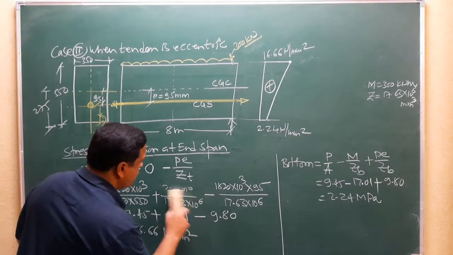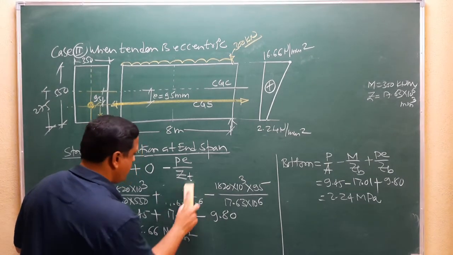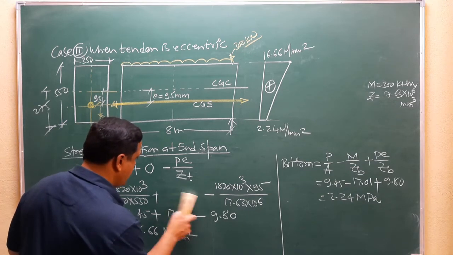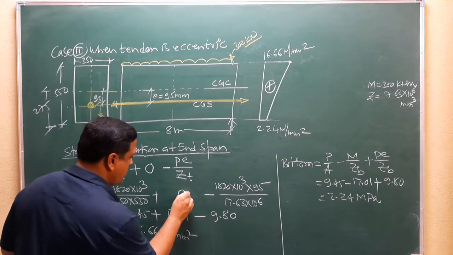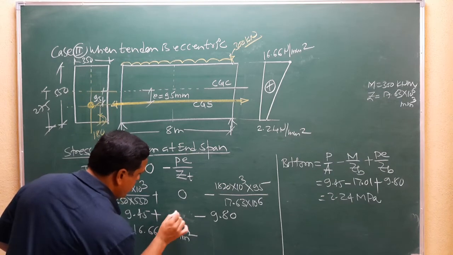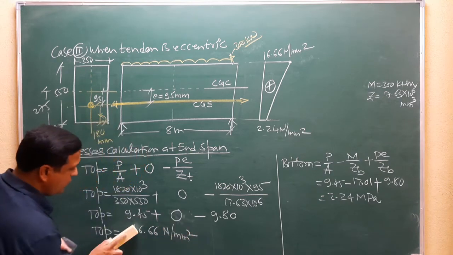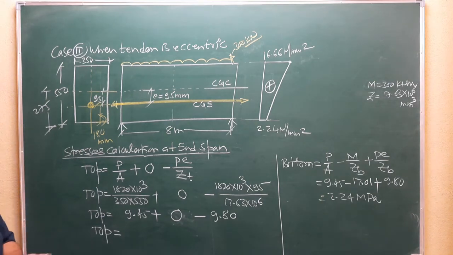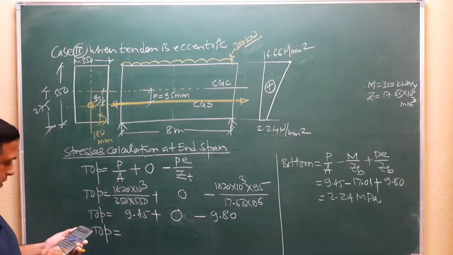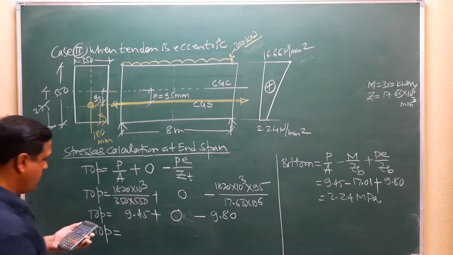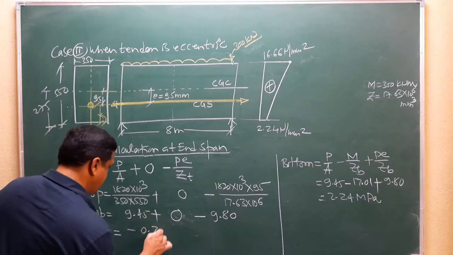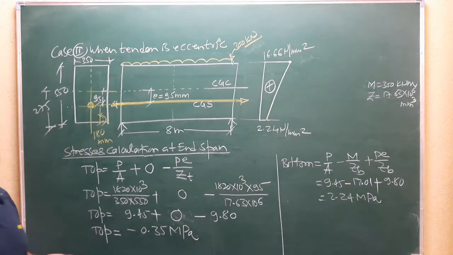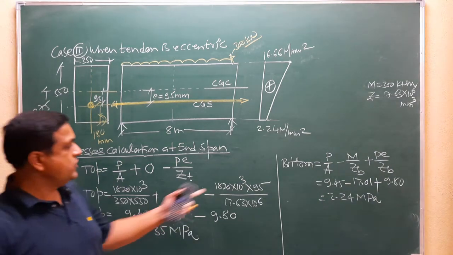So what you have to calculate? Simple, you have to edit these things. Remember that this term is 0 and this term is 0. So top fiber stress is somewhat changed. Top fiber stress is 9.45 minus 9.80. It is minus 0.35 megapascal. So same thing you have to do here.